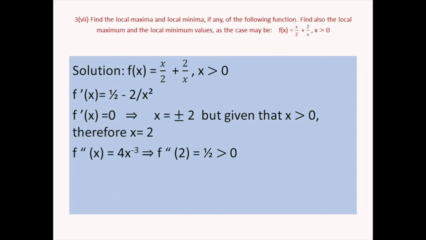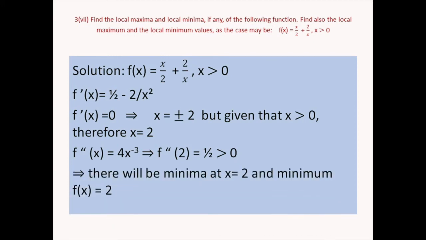Next step is to calculate f double dash x, which comes out to be 4 times x to the power of minus 3, which I have obtained from the first line, that is half minus 2 by x square. So therefore f double dash x at the point 2 comes out to be half, which is greater than 0.